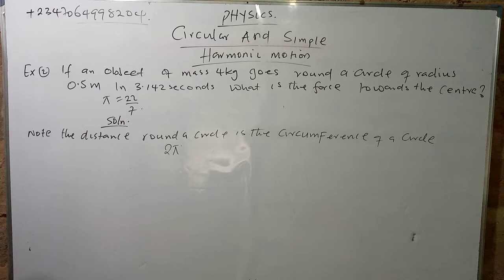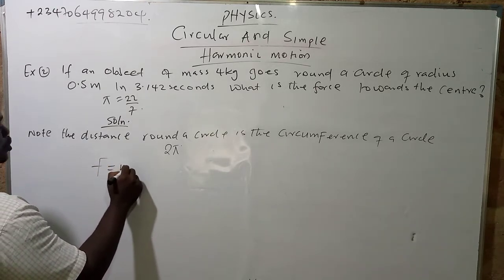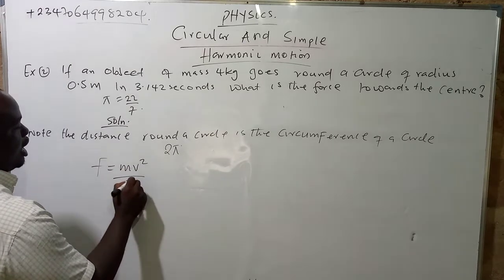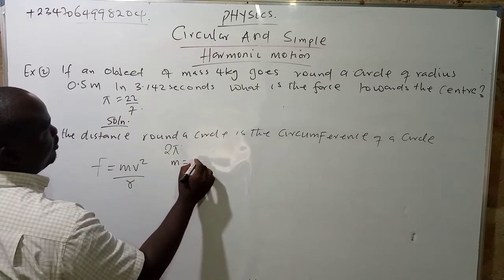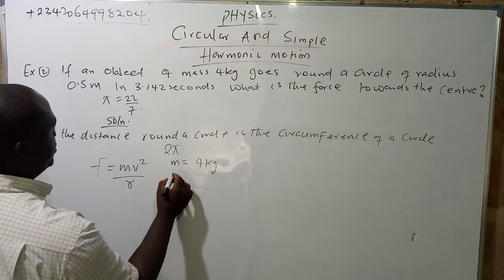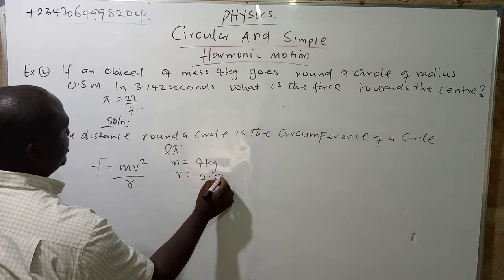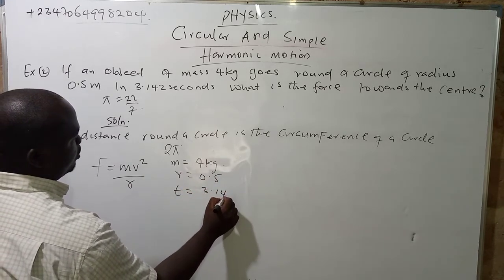Now, they want us to calculate the force towards the center, and F is equal to mv squared all over r. From the question, the mass is given as 4 kg, the radius r is 0.5, and our time t is 3.142.